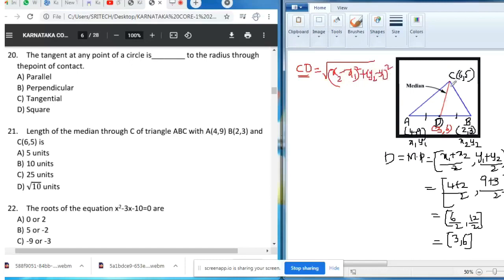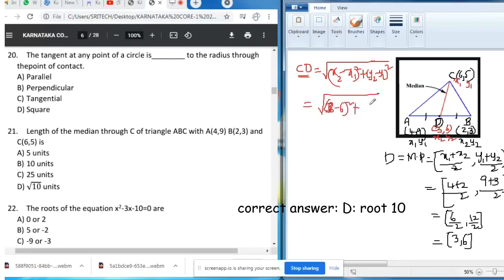We will represent 6, 5 as x1, y1 and D point as x2, y2. Replacing the values in the formula, we will get 3 minus 6 whole square plus 6 minus 5 whole square. 3 minus 6 value is minus 3.